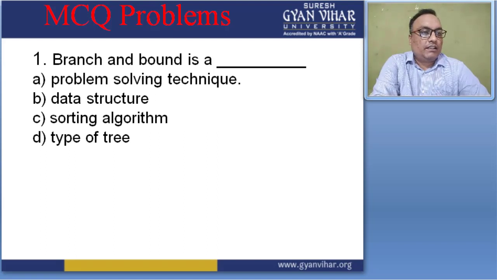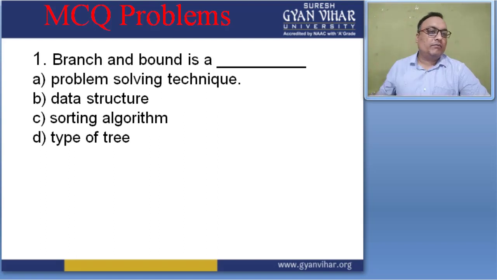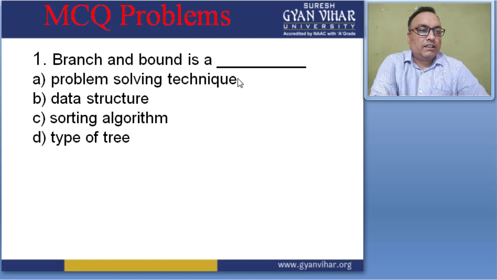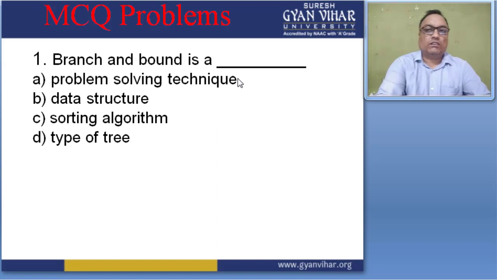The first question is: branch and bound is a what? Find the correct answer. Option A is problem solving technique, option B is data structure, option C is sorting algorithm, and option D is type of tree. So give the correct answer for this question, and just wait for 5 seconds.